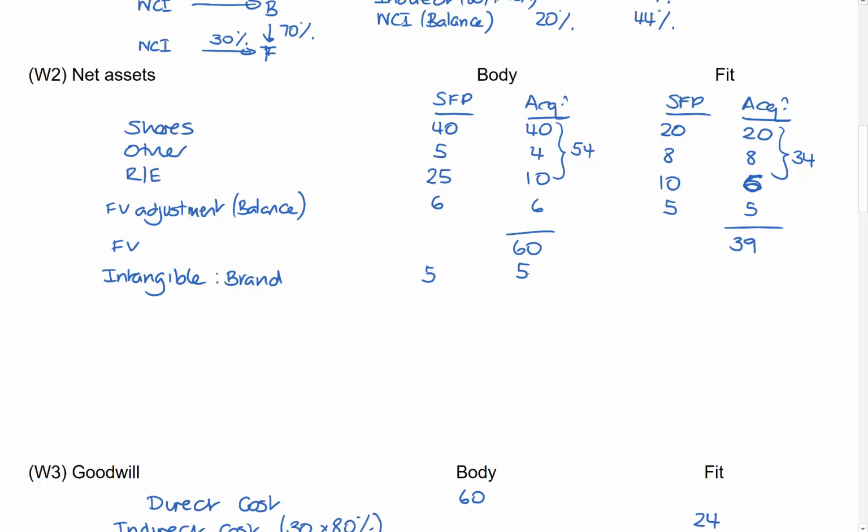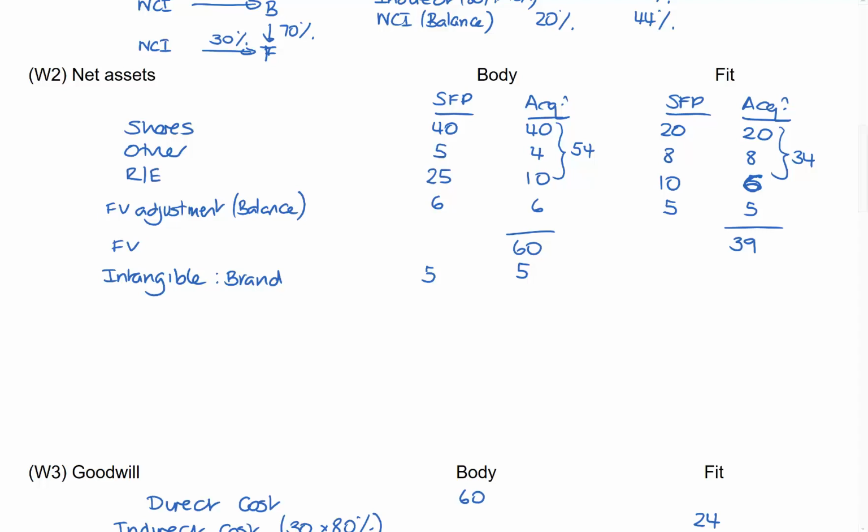Here we have to look at the dates very carefully. We acquired Body on the 1st of June X5. It is now the 31st of May X7. So we have owned Body for 2 years.